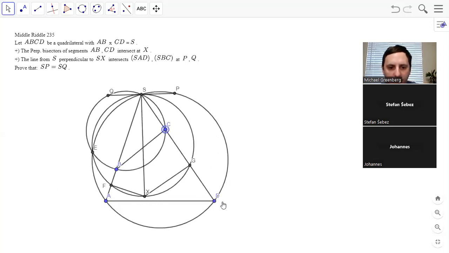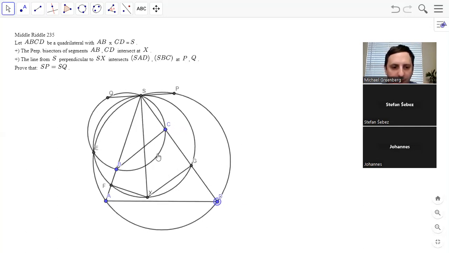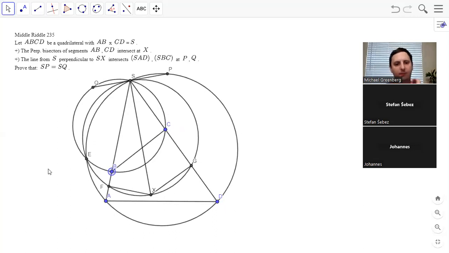So let's see. I want to try to keep X inside. I think that looks good. It's tangent because SX is the diameter. So that's obvious. Okay.